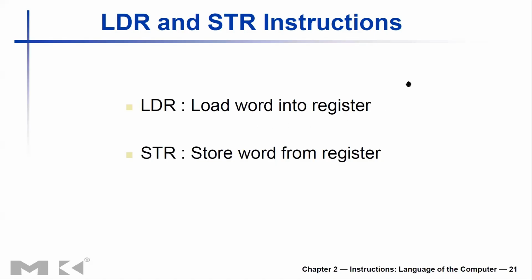I told you that when you want to perform an operation on values stored in memory, you first need to load them into a register, and you do that with the LDR instruction. When you want to store the result back in memory, you use the STR instruction.